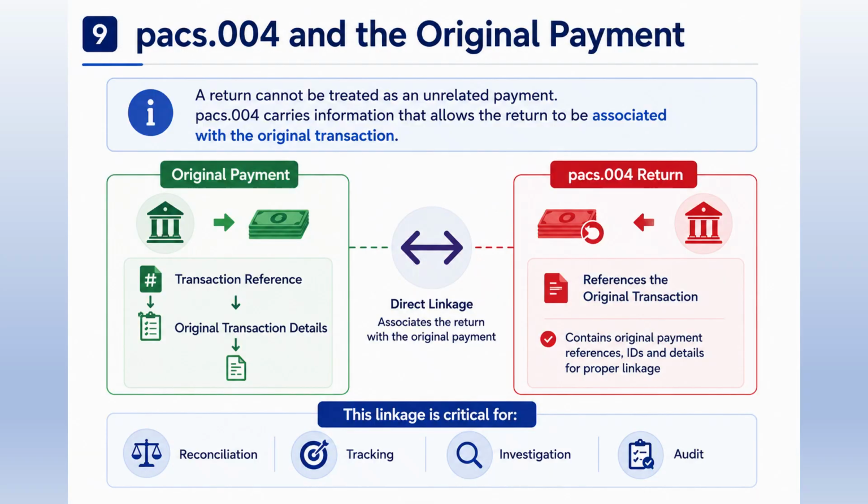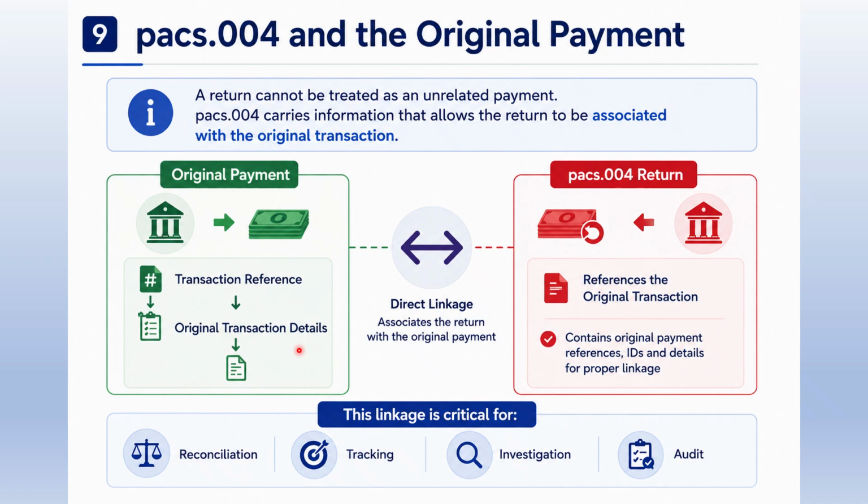A pacs.004 return cannot simply be treated as a completely unrelated transaction. The return needs to be linked back to the original payment. That is why pacs.004 carries information that helps identify the original transaction. For example, the message can carry original references and transaction details.